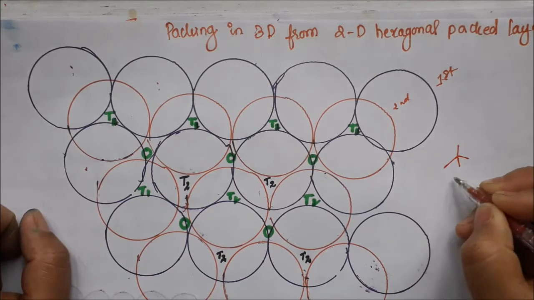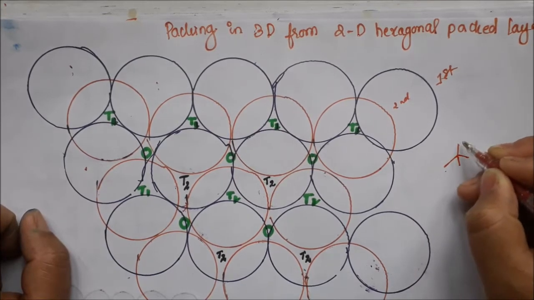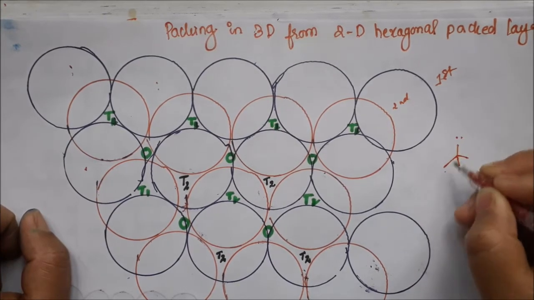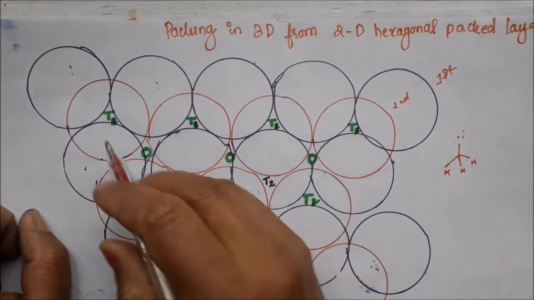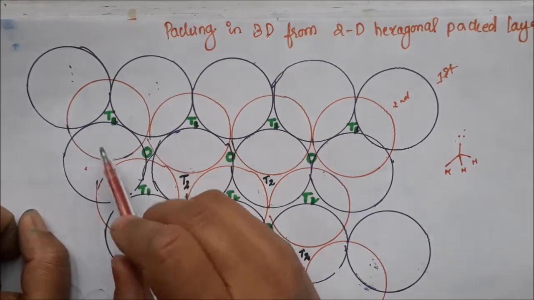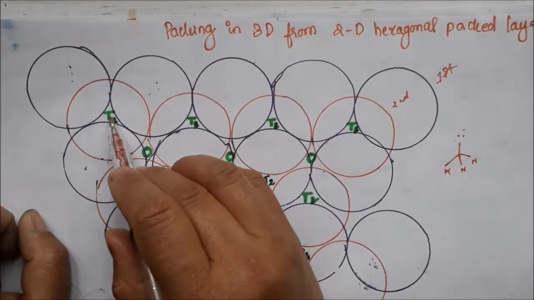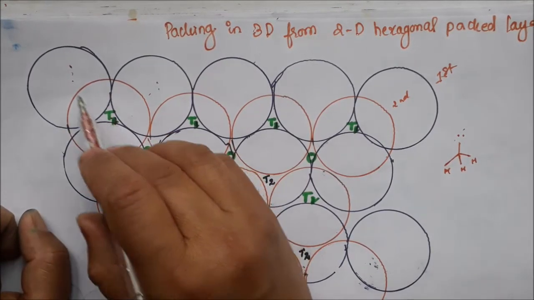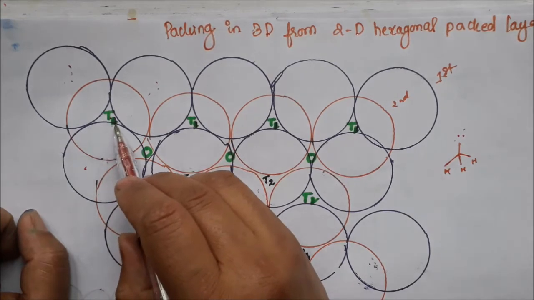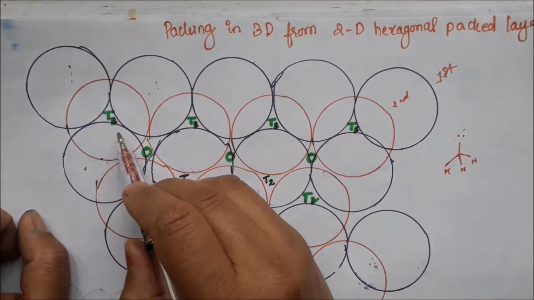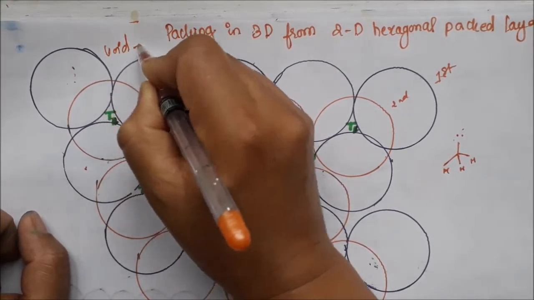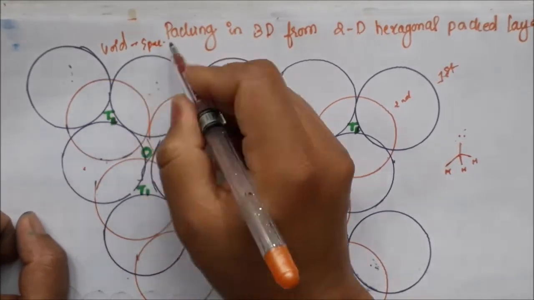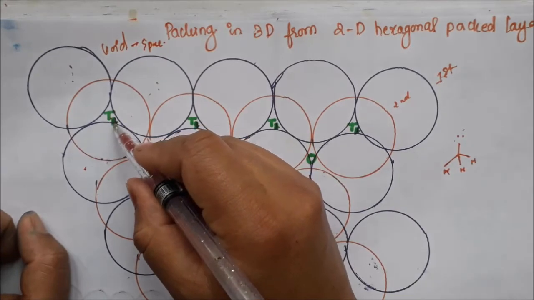This is how you draw the tetrahedral structure for ammonia and all: one at the top and three below in the plane. So this creates a void where the atoms are present at the corners of a tetrahedron. So this void we call a tetrahedral void.